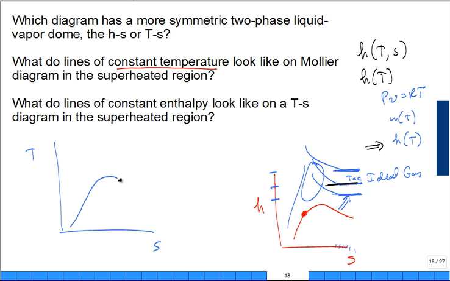Have the more symmetric dome, critical point. We're talking way out here in the ideal gas region. And we're talking lines of constant enthalpy, where H is equal to a constant. Are they like this? Are they like this? Like that? Lines of constant H on a TS diagram.